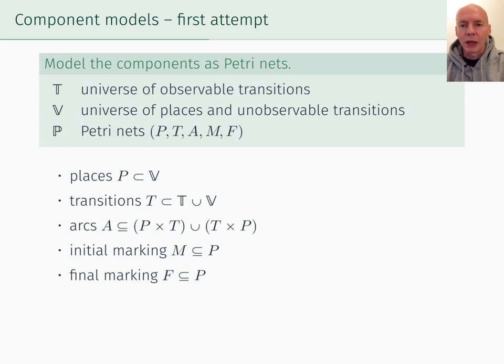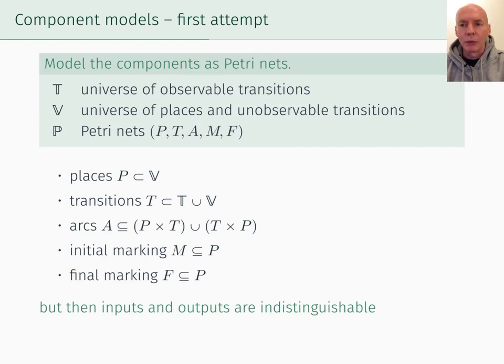And then we'll say that every component in a circuit is one of these tuples representing a Petri net. The only problem with that idea is that it doesn't quite tell us everything we need to know, because we don't know which transitions in the Petri net are the inputs on the component and which ones are the outputs.